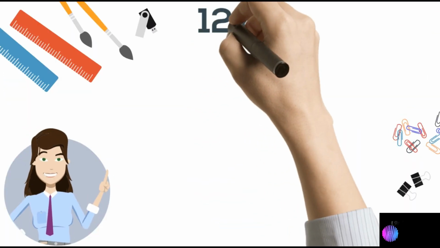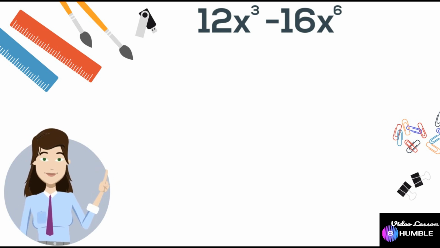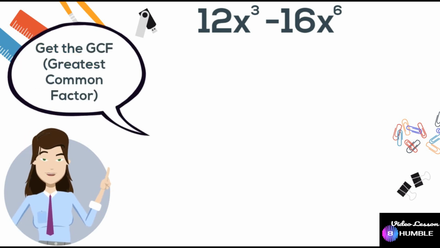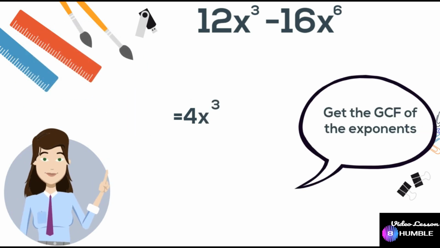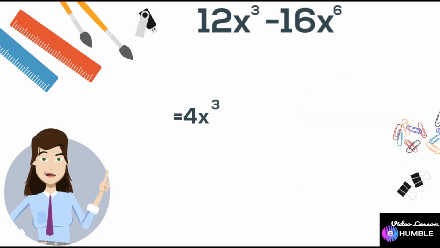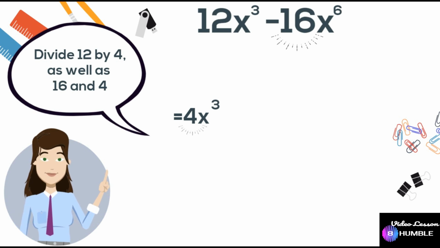Given 12x cubed minus 16x raised to the power of 6, to get the answer, first you need to get the GCF of 12 and 16, and that will be 4. Second, get the GCF of the exponents, which is x cubed. Third, divide 12 by 4 and 16 by 4.